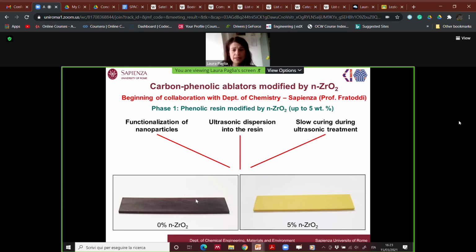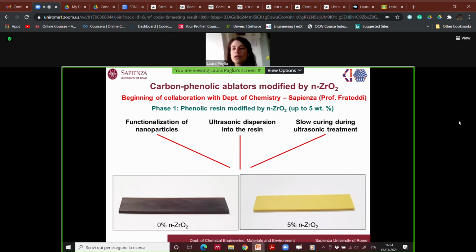You can observe in here a sample of only phenolic resin, okay, so this is not the ablative material, but only the phenolic resin. And in here you can observe the same sample of phenolic resin, but with the addition of nanoparticles. In here, 5% of nanoparticles. It means that I have an increment of 5% of weight due to the addition of these nanoparticles.